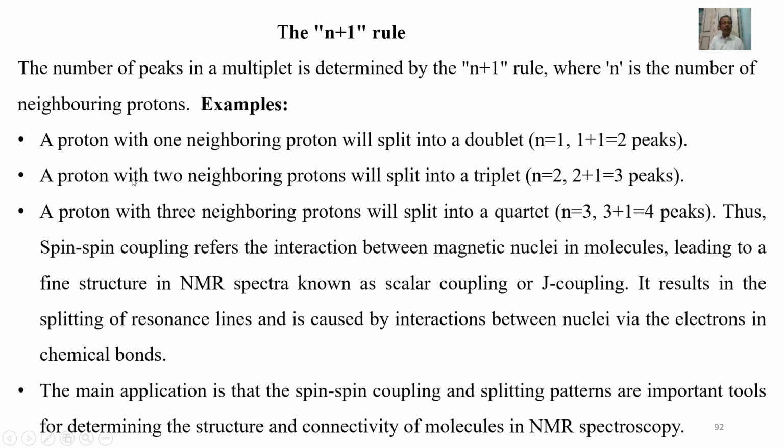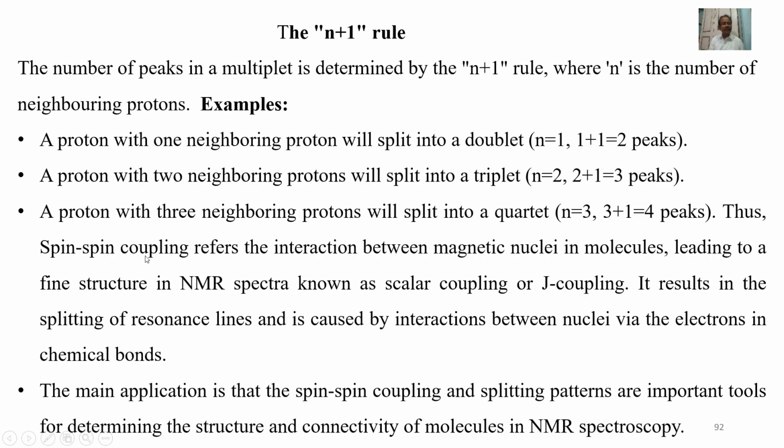A proton with two neighboring protons will split into a triplet. So n equals 2 implies 2 + 1, which is equal to 3 peaks. A proton with three neighboring protons will split into a quartet, that is when n equals 3, which gives us 3 + 1, which is equal to 4 peaks.